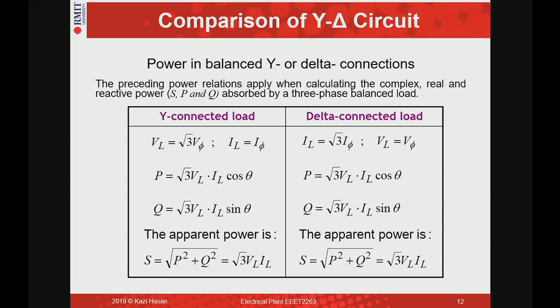Basically, go back to the formula. Because of this X value, the loss in the resistor is the real power, and the loss in the inductance is the reactive power. Okay?